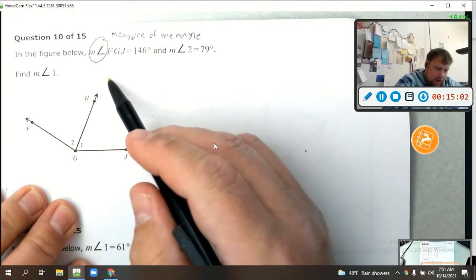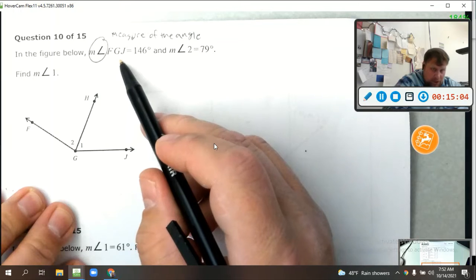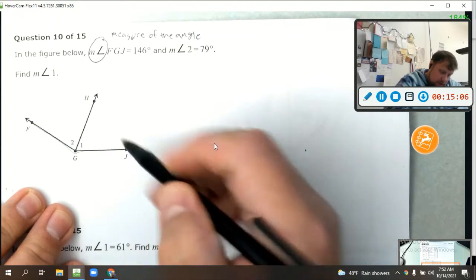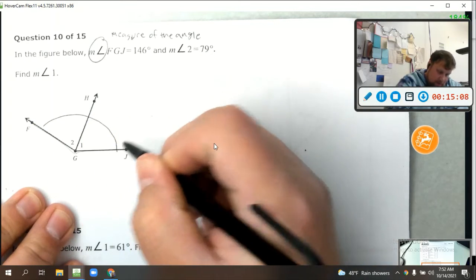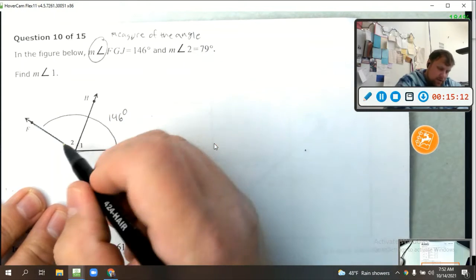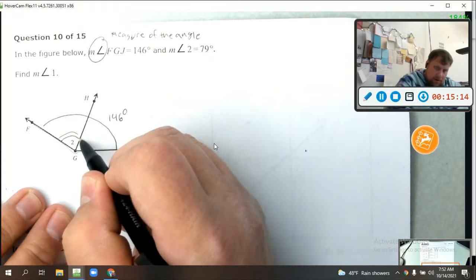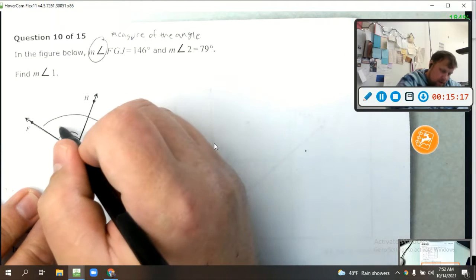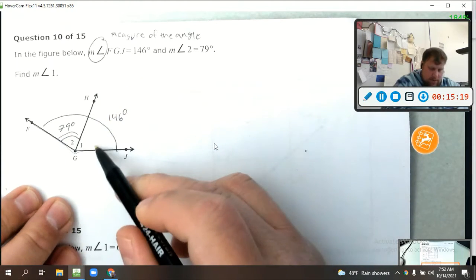Okay, the measure of angle FGJ, that's the whole angle, is 146 degrees. The measure of angle 2, I'm going to give it 2 marks because it's a different angle, is 79 degrees. What's the measure of angle 1?